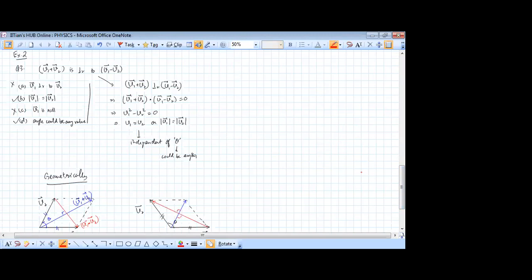Now coming back to exercise 4. Next, we will look at question number 3 in exercise 4, C part.